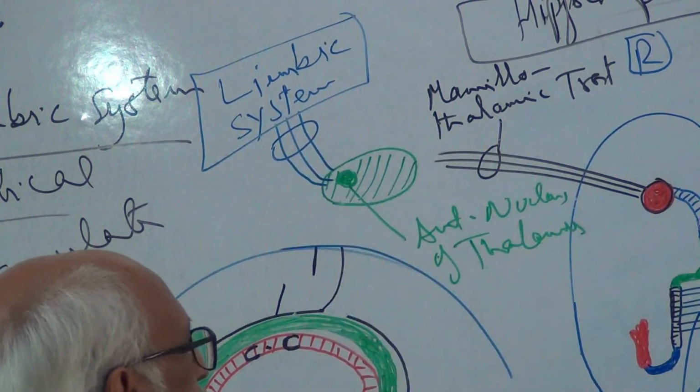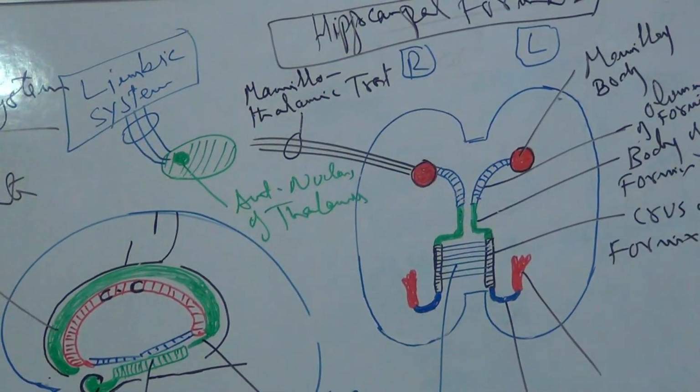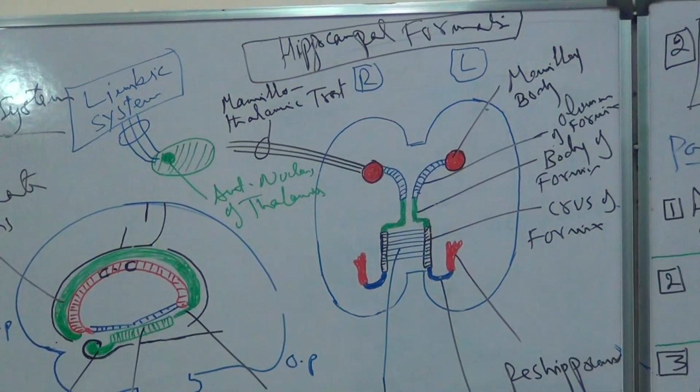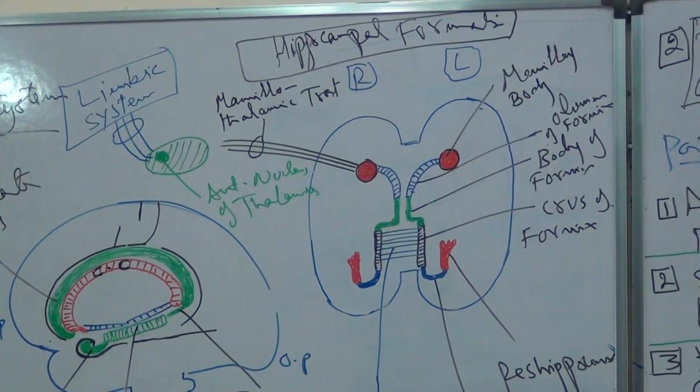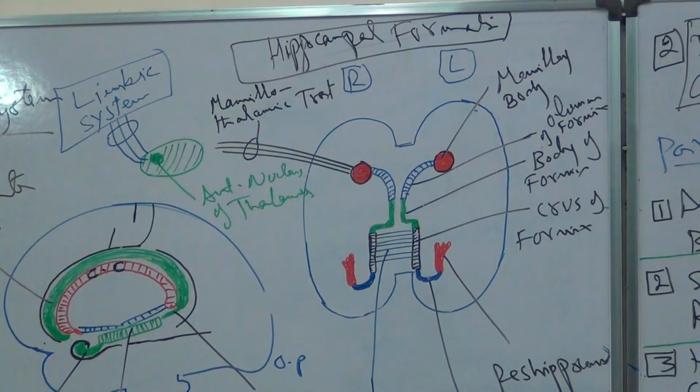This pathway is on one side and the same is on the other side. So this was the hippocampal formation, which is considered one of the important subcortical components of the limbic system.